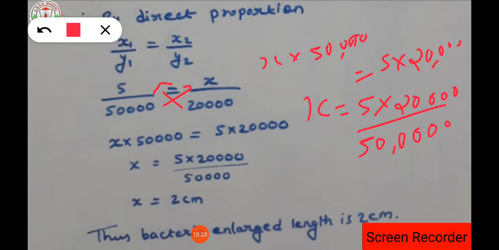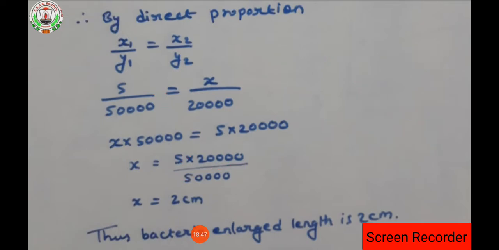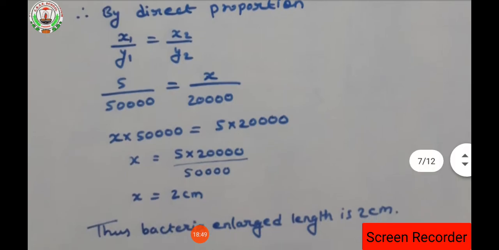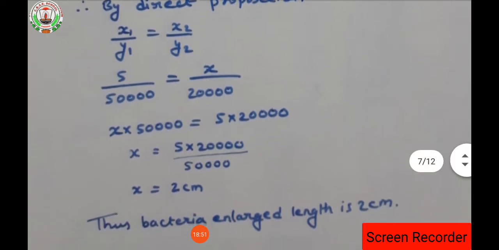Now the zeros will get cancelled. Obviously the zeros from the numerator and denominator will get cancelled. 4 zeros from the denominator and 4 zeros from the numerator will get cancelled. 5 will get cancelled. What is the number left out? That is the number 2. So the answer is: the bacteria enlarged in length is 2 centimeter.